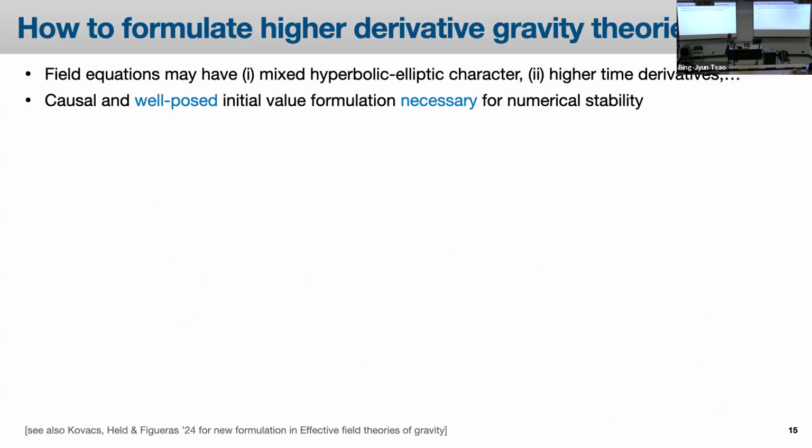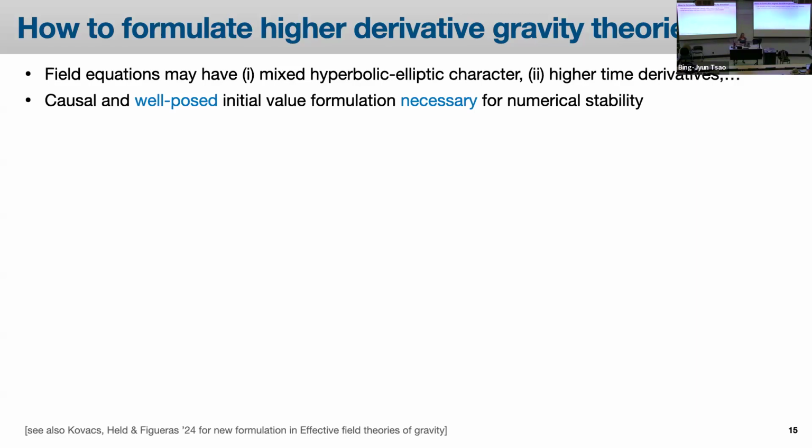So let's go through some of the approaches that the community has developed over the past, I would say, order 5 years to address problems of having higher time derivatives or equations that give you a mixed hyperbolic-elliptic PDE.